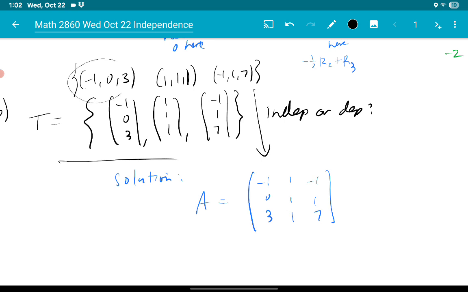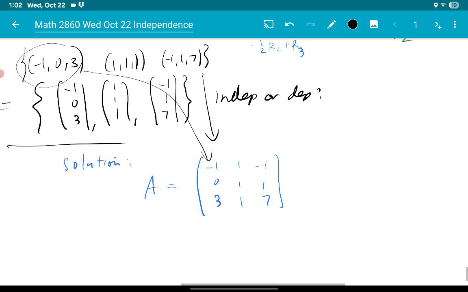You would always put them in vertically, even if they were written horizontally. So we went over that before. All right, so we have to row reduce. We need row echelon form for this matrix.